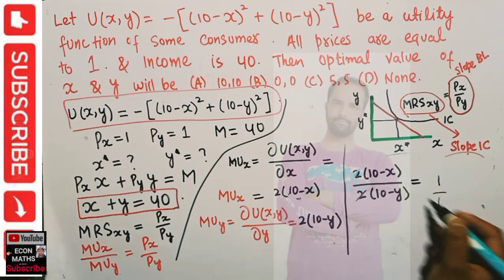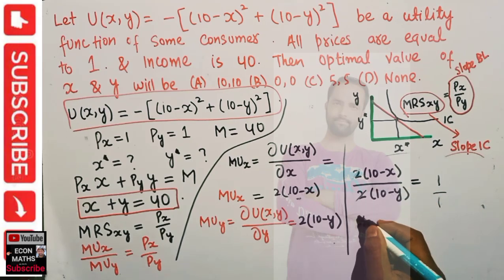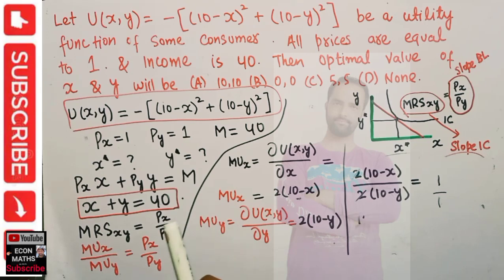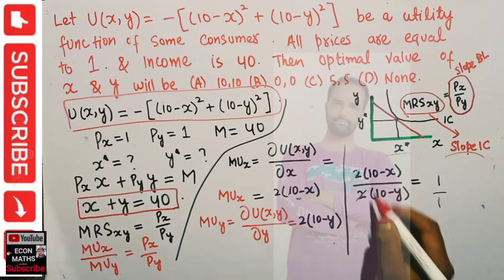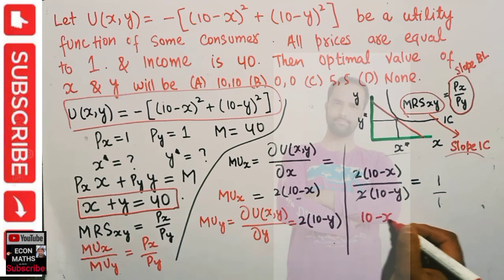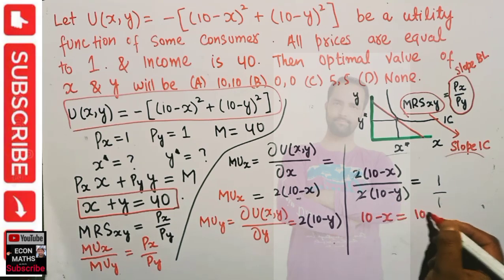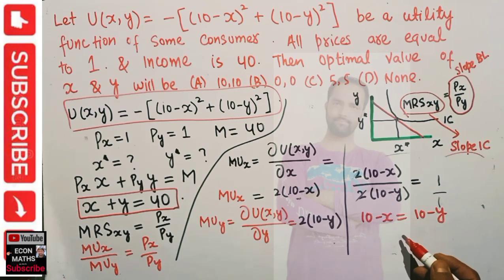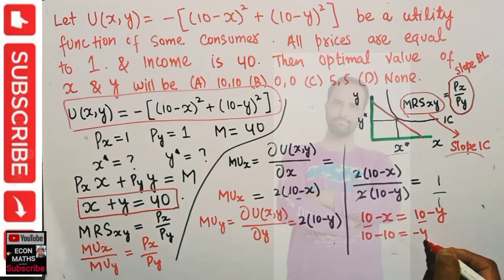That means doing cross multiplication. So we have 10 minus x should be equal to 10 minus y, which gives us, transposing this 10 here, it will become minus 10, is equal to, we have minus y here, transposing this, it will become plus x.